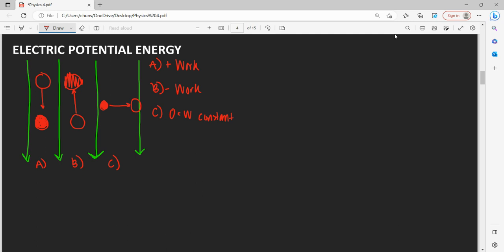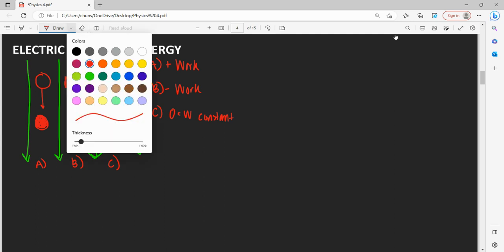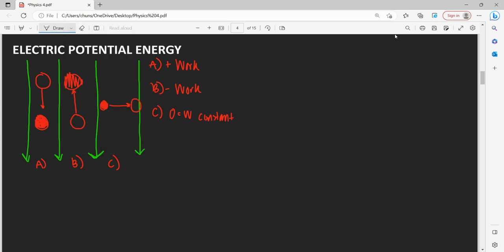So, if we look at why this is, the formula that we mainly use to define electric potential energy, which we represent with a U, is equal to negative work. So if we were to analyze this from a potential energy standpoint now, this would be negative U, positive U, and this remains 0 U as well.